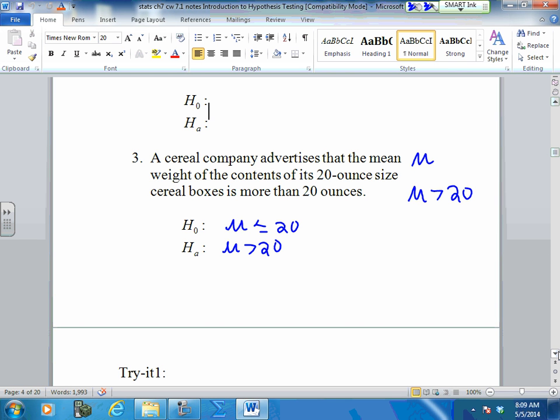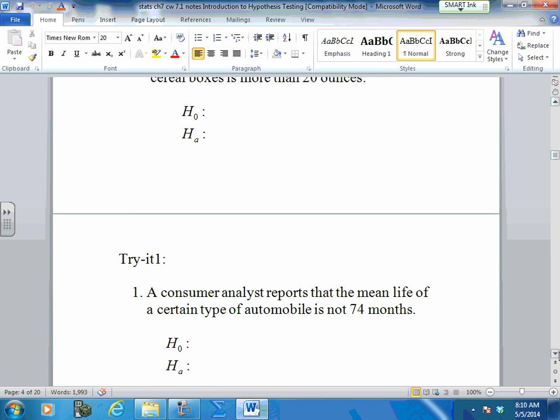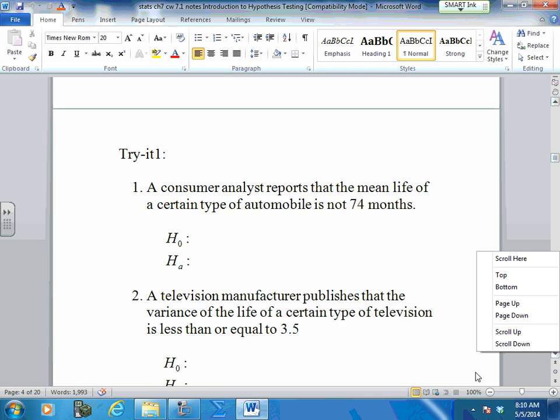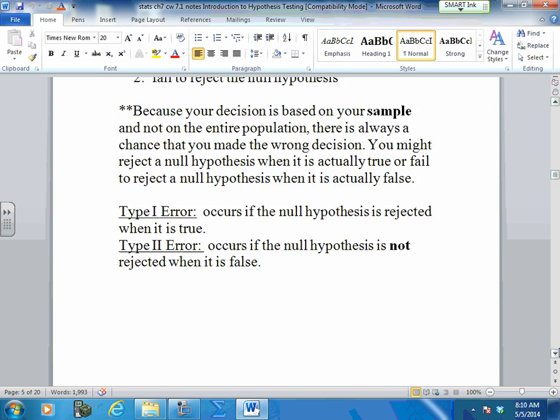All right, before you pack it up, try it yourself, number 1 on the bottom of page 334. It's only going to take you a minute to do this.